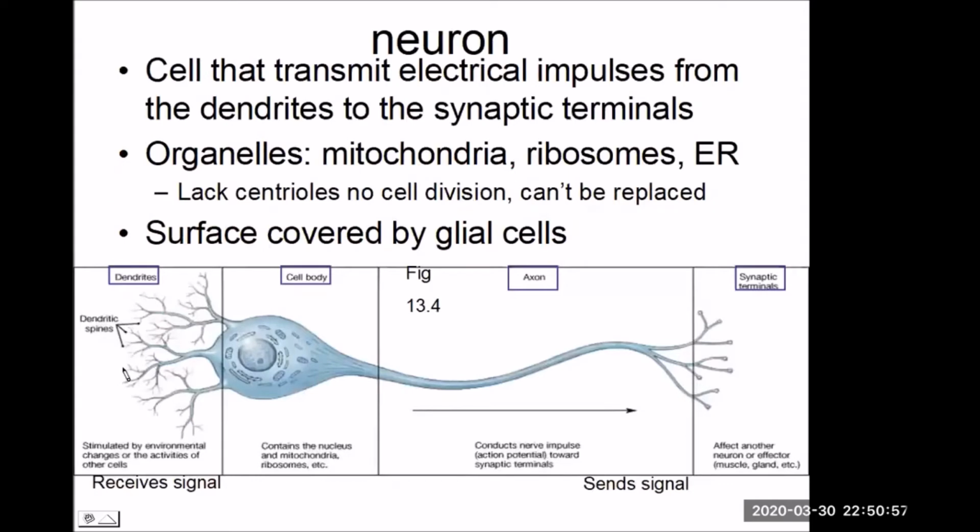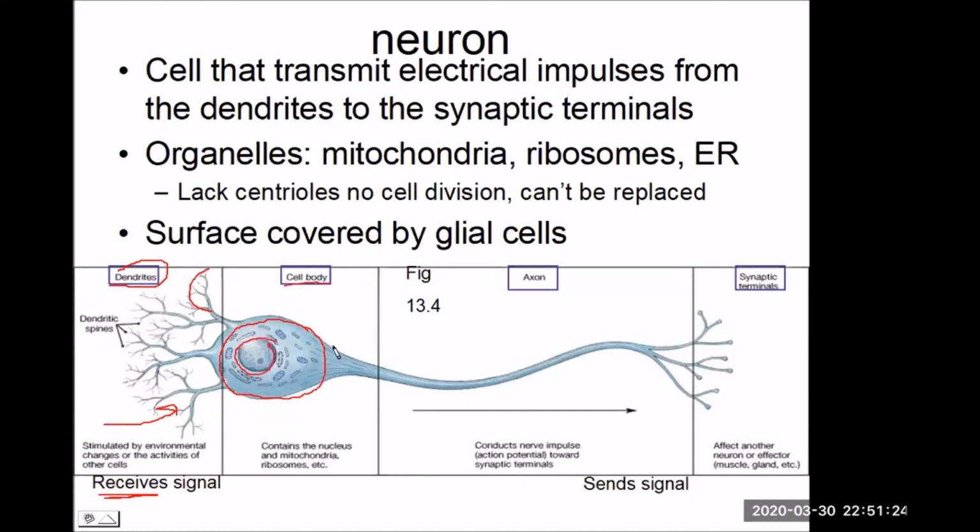So here's now a nice illustration of a neuron. This is what I was trying to draw on the previous slide. So to see just some of the parts, on one end, the receiving end, there are the various dendrites. This is where information comes into the neuron. Here you can see that cell body portion, and it's defined by containing the nucleus.